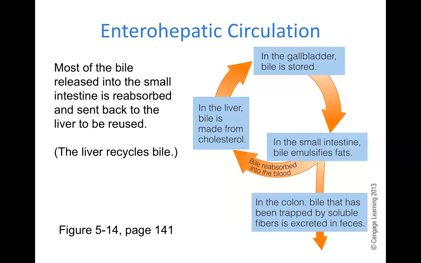And so bile will be removed from the system, and this will cause the liver to have to make more bile, and the liver uses cholesterol to make bile. So in that regard, when we eat fiber, it actually lowers our total cholesterol because we're using cholesterol to make new bile.